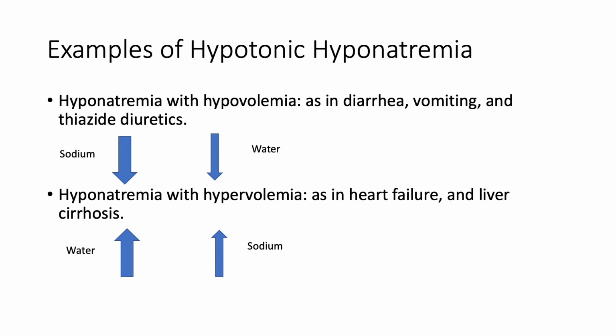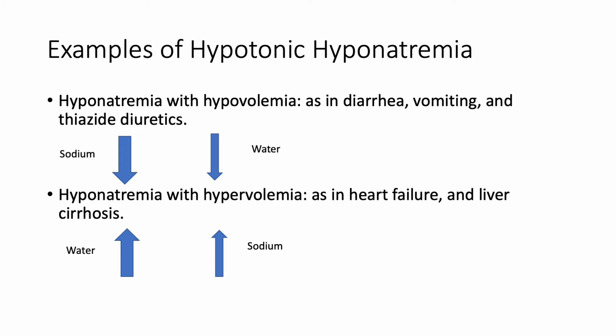So what's actually going on here? Sodium drops more than water. In diarrhea and vomiting, you're losing both sodium and water, but sodium loss exceeds water loss. Same thing with the thiazide diuretics. And this is why you have hyponatremia. So here you have hyponatremia and the volume is low.